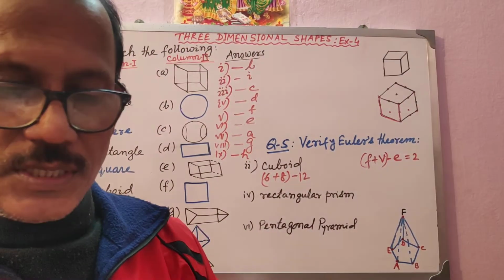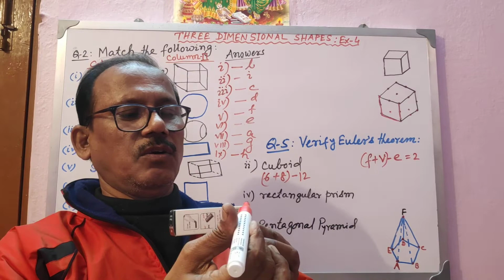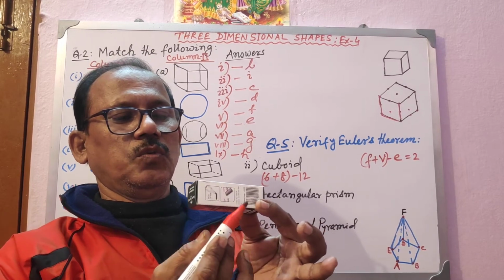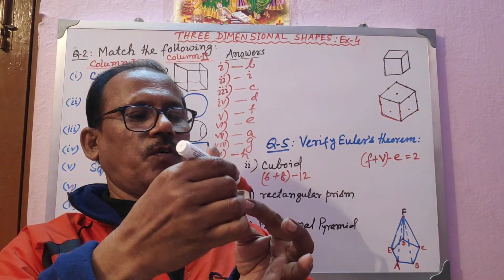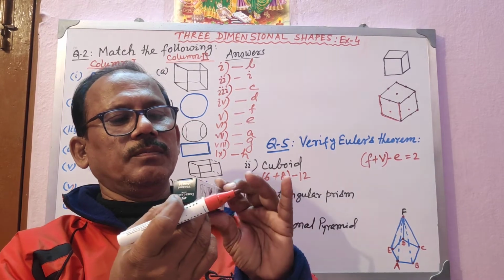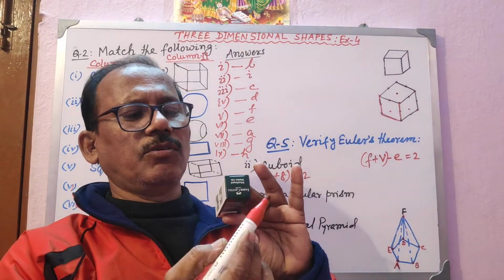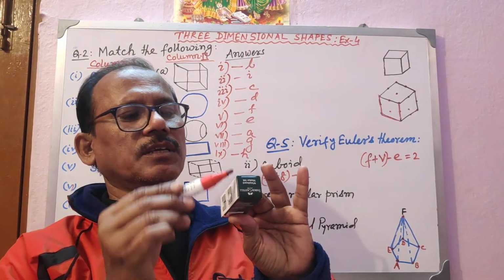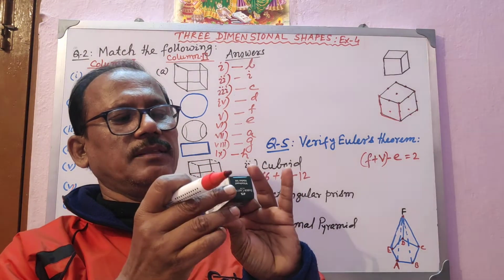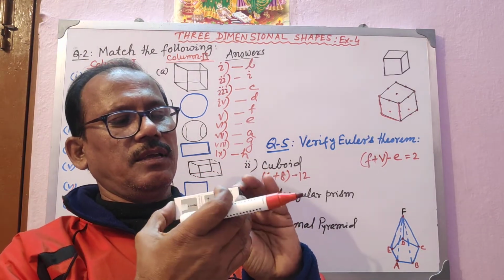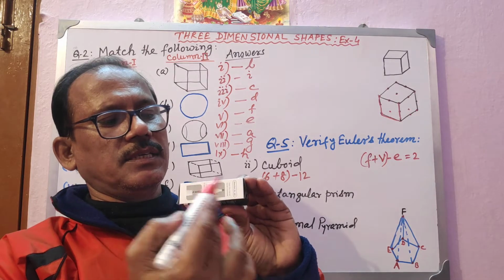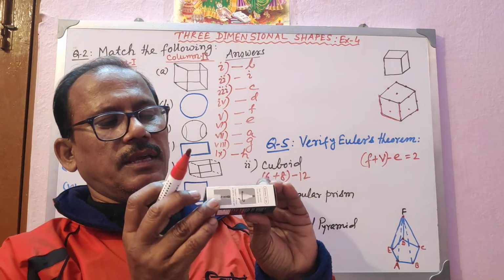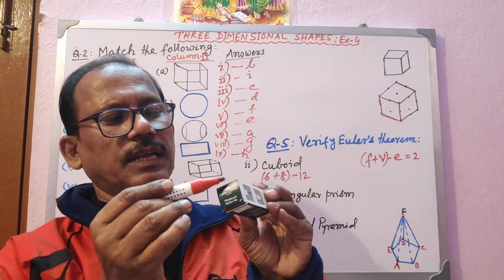Should I show you this? Just concentrate. 1 edge, 2 edge, 3 edge, 4 edge. Over. Now this edge you have counted 5, 6, 7. Again this edge counted 8, 9, 10. Again these two edges counted 11 and 12.